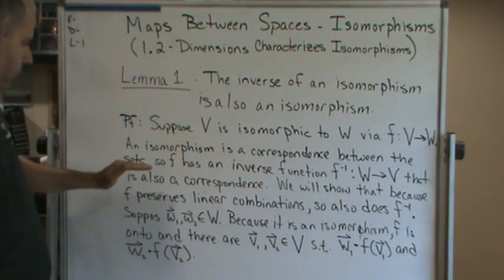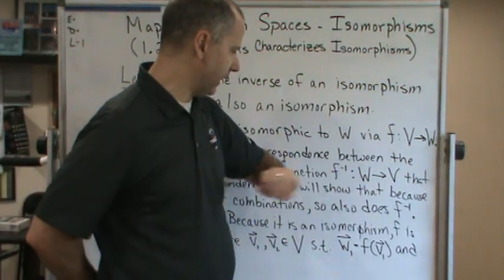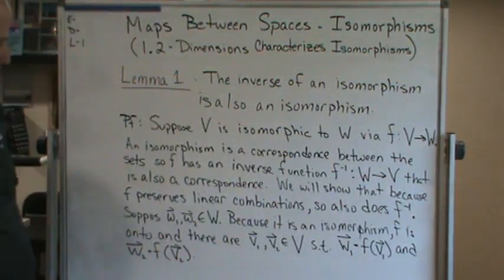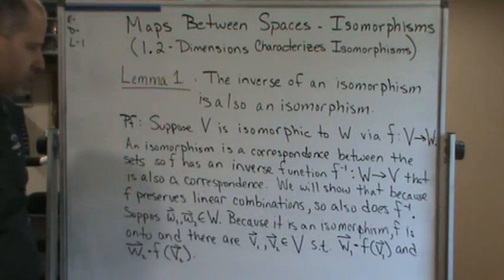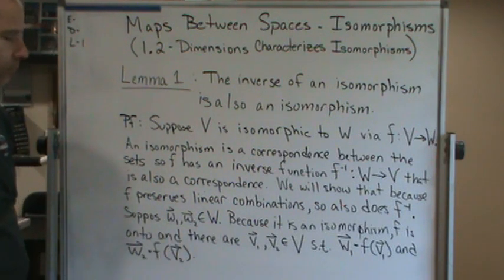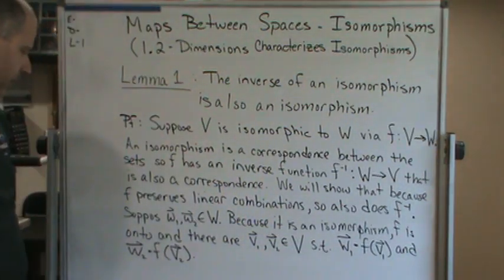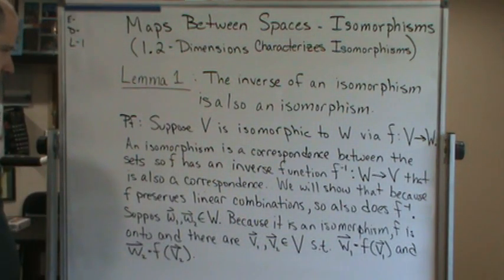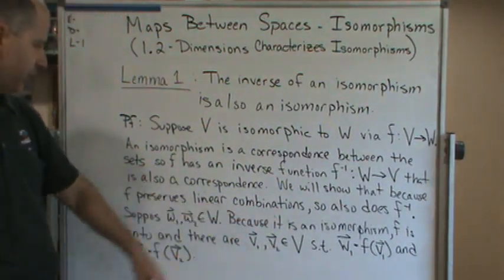So there's an inverse function from W to V that is also a correspondence. What we're going to show is that because f preserves linear combinations, the inverse function f inverse also does.